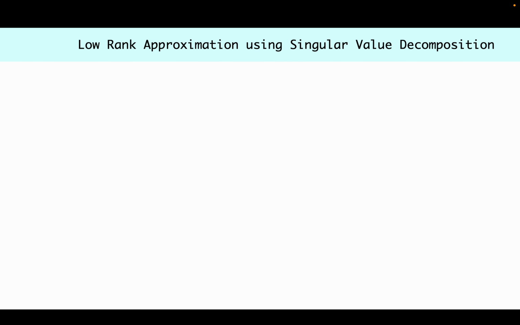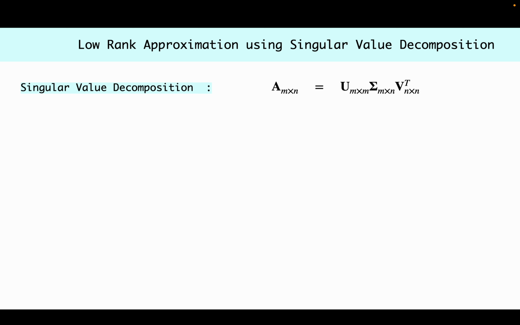One of the other use cases of singular value decomposition is to obtain a low rank representation of any matrix. We know SVD is A equals U sigma V transpose, and we can obtain A_k, which is the kth rank approximation of the matrix A, by using SVD.